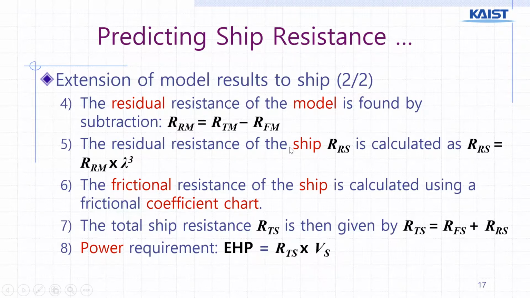Note this is the total resistance of the model, but CT is a coefficient. The residual resistance of the ship is calculated from the model residual resistance. You can calculate the full ship residual resistance by the cube of the scale ratio.